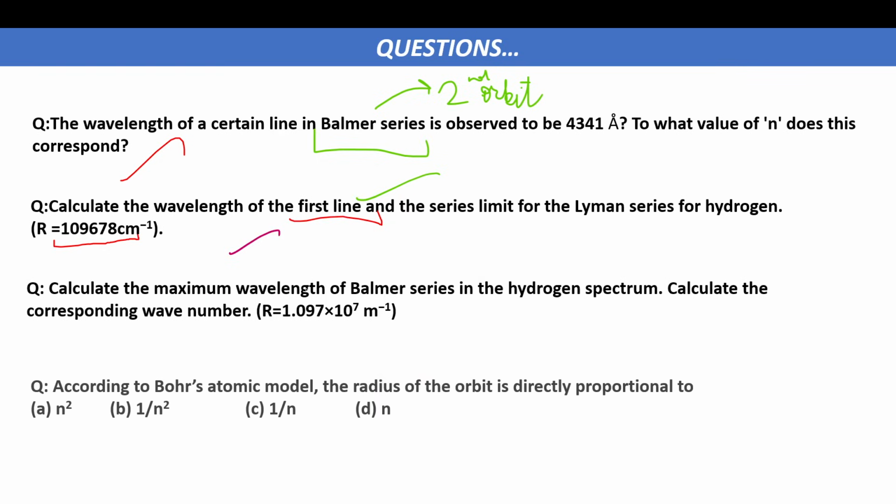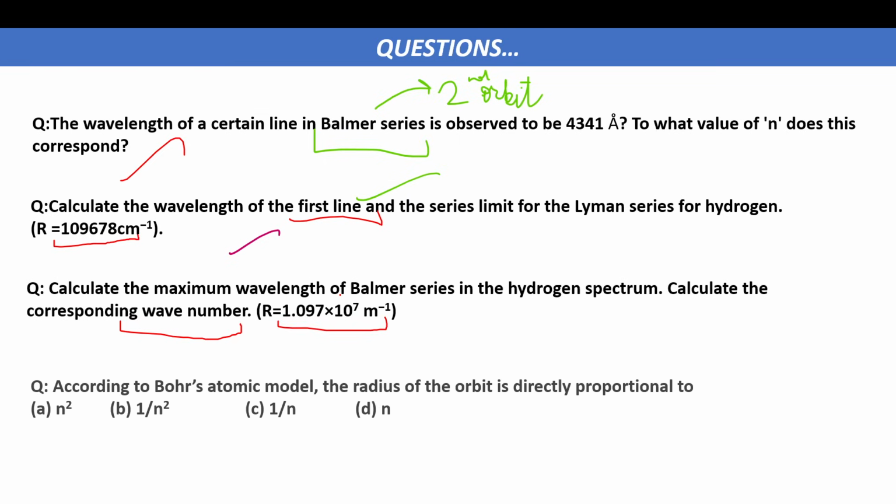Next, calculate the maximum wavelength of the Balmer series in the hydrogen spectrum. Calculate the corresponding wave number, and R is given. Now for a maximum wavelength to be emitted, the energy released should be minimum.